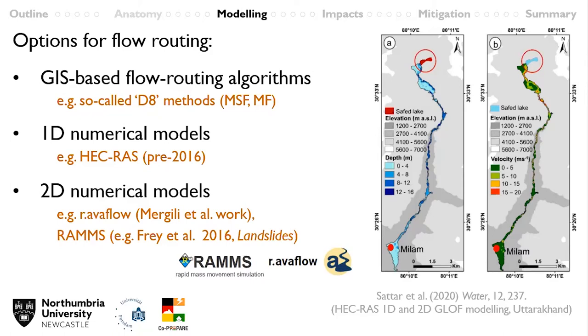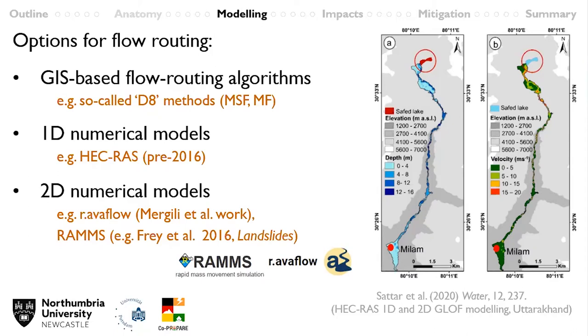Some nice prominent examples of these codes are the Arva-Flow work that Martin McGilley and colleagues have published, and there's a wide and expanding body of literature on that work, and also the RAMMS model as well. What's really neat about these models is that they're able to accommodate multi-phase flow. Up front, if you recall, I mentioned that glacial lake outburst floods often aren't simple, clear water flows.